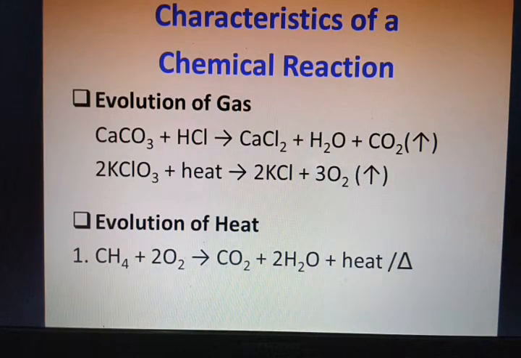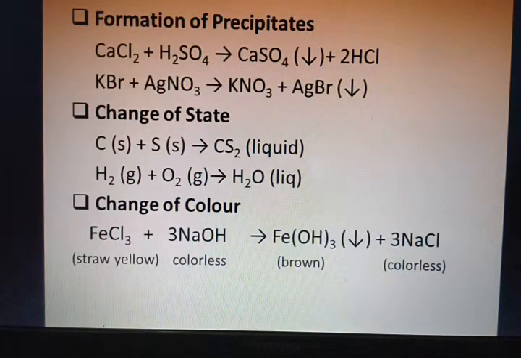Coming to the next point, formation of precipitates. Precipitation is when insoluble residues are formed within a chemical reaction. So calcium chloride plus sulfuric acid gives calcium sulfate and hydrochloric acid. Calcium sulfate is insoluble. It precipitates out, separating from the reaction medium, leaving behind hydrochloric acid as the only liquid medium.